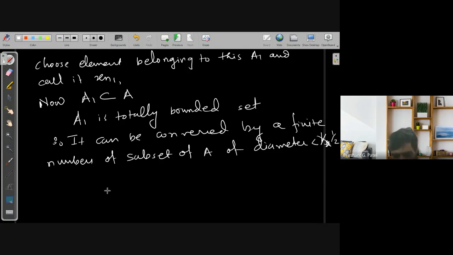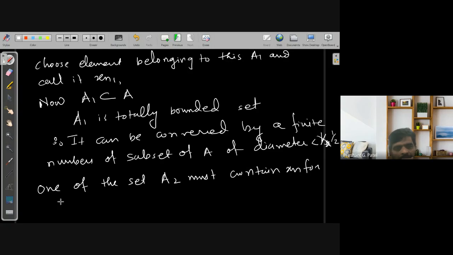Let one of the sets, let's say A_2, contain x_n for infinitely many n. With the same argument, if each of those sets contained finitely many elements, then it would not be possible.